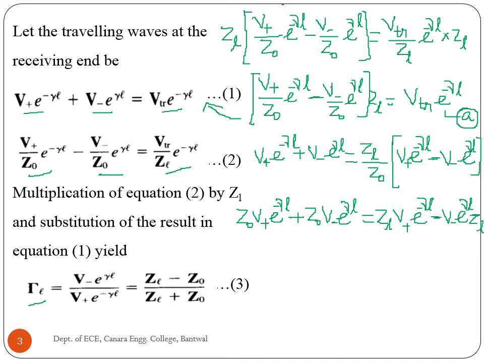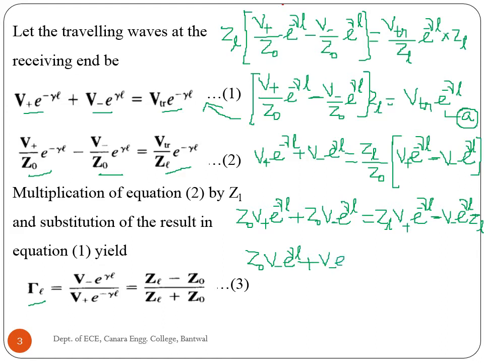Now Z0 V minus e to the power gamma L on the left side, and on the right side V minus e to the power gamma L into ZL will be moved to the left hand side.